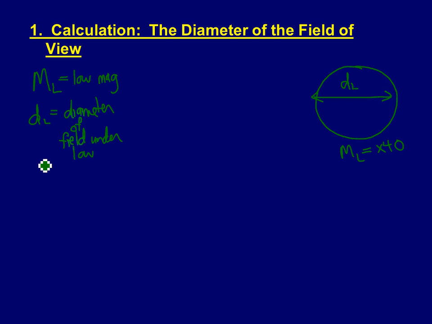If we zoom in and we want to find the diameter under high, that's DH, and use the high magnification, which is 400 times, we need an equation to get this.